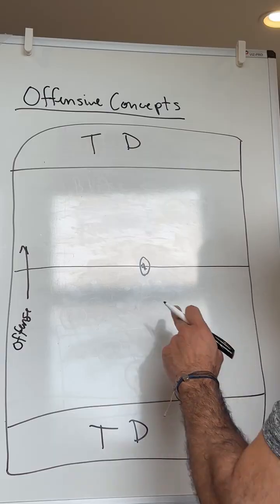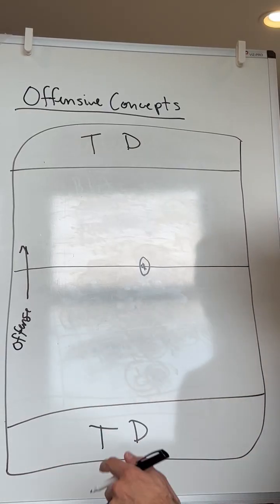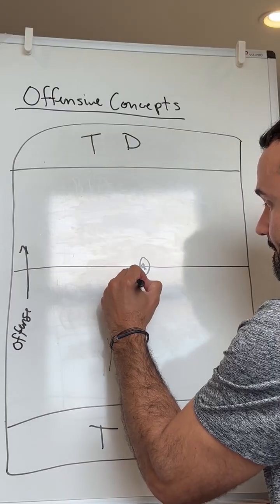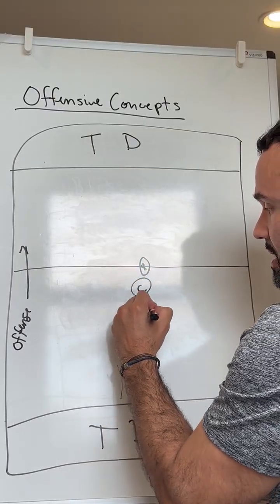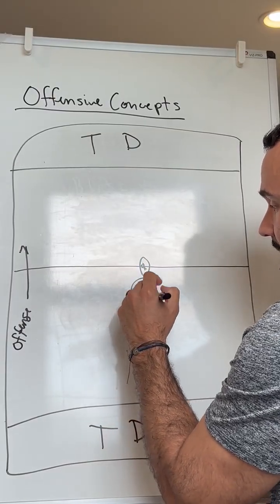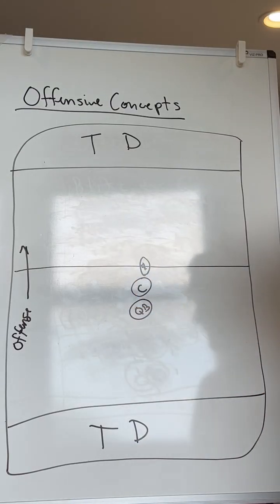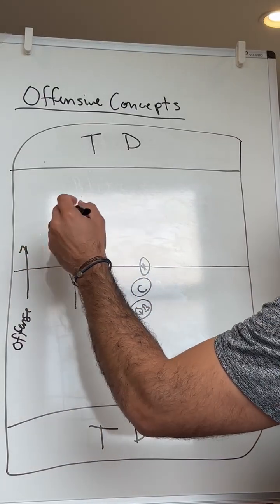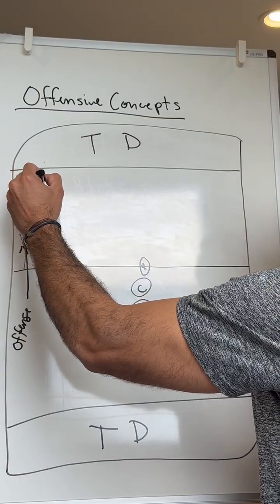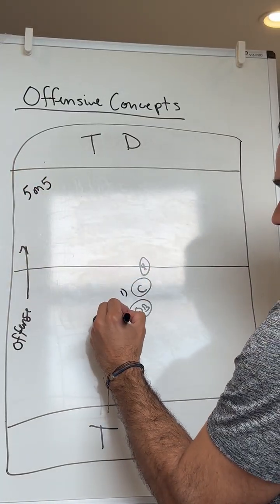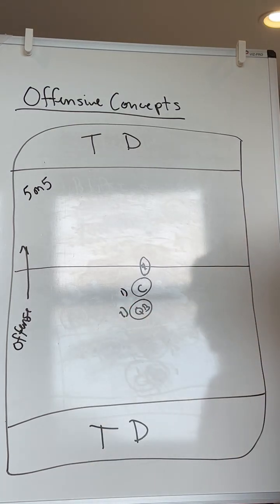On every single play, this is always going to be true: we're going to have a center who snaps the football to a quarterback, lined up just like this. So football, center, quarterback. We're playing 5-on-5, so we already have 2 players to account for.